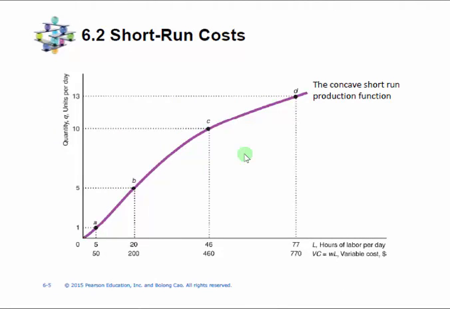Now, I have mentioned that the shape of the average variable cost comes from the shape of the marginal cost. So it's actually the marginal cost curve that is driving everything. Then where does the shape of the marginal cost curve come from? It comes from the so-called production function. This is a short-run production function.